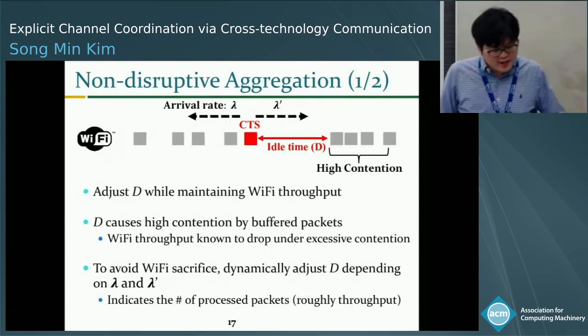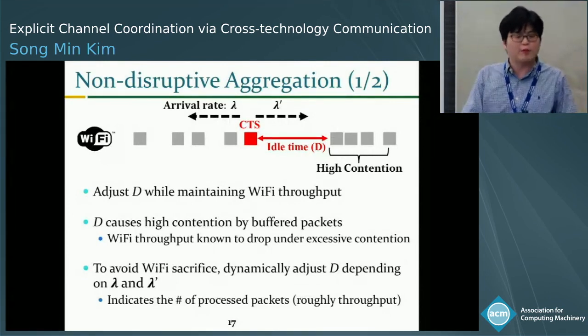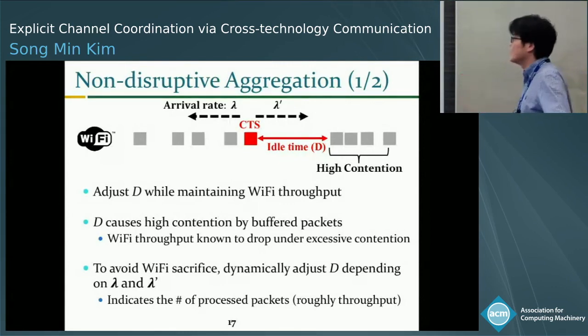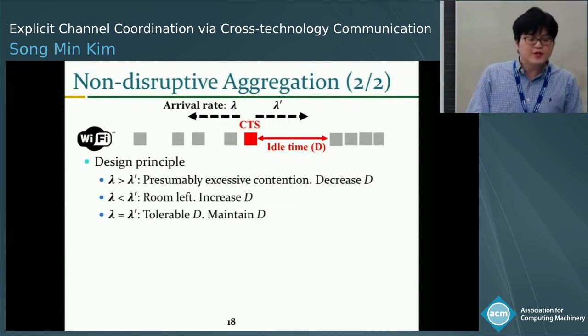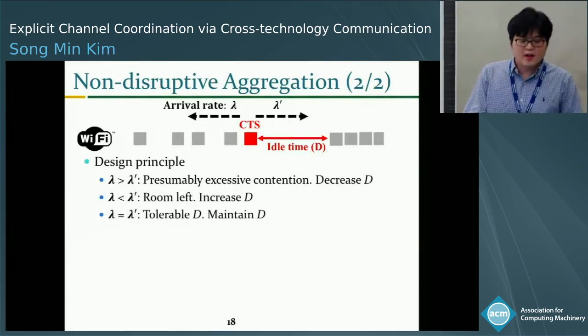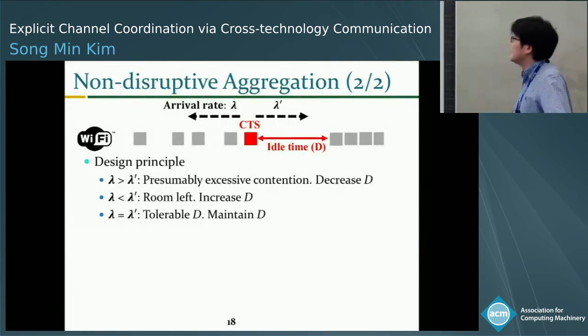This is because lambda indicates the number of processed packets, which roughly indicates the throughput that we want to maintain. The design principle behind this is that when lambda is bigger than lambda prime, that means the arrival rate has decreased after CTS, meaning that it's presumably excessive contention.